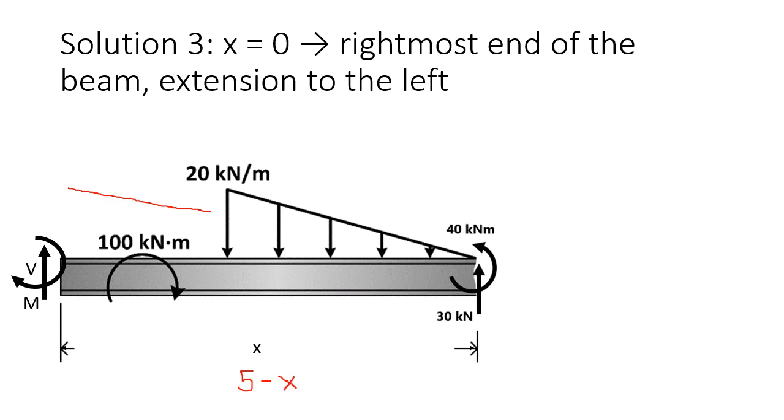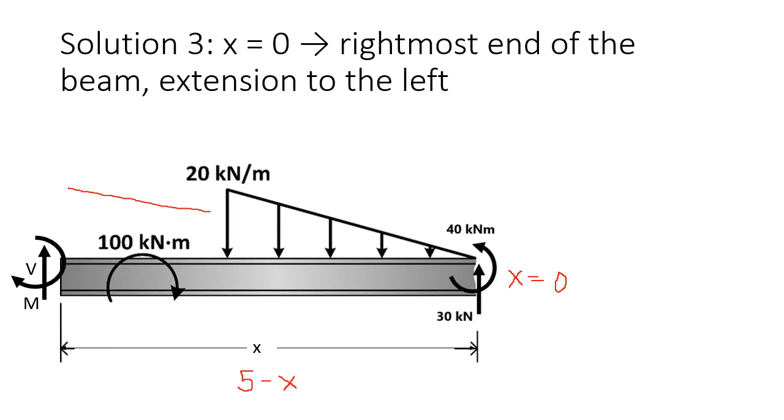However, what I will show you is x equal to 0 at the rightmost end of the beam. Here, this is x equal to 0. So that would be one of the differences from the solutions that I have shown. This rightmost end would be x equal to 0 and the leftmost end would be x equal to 5.